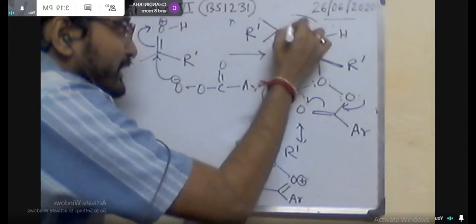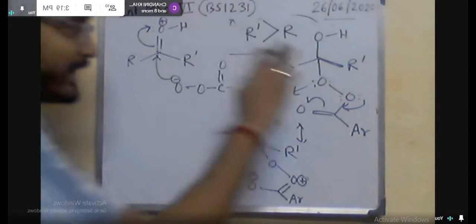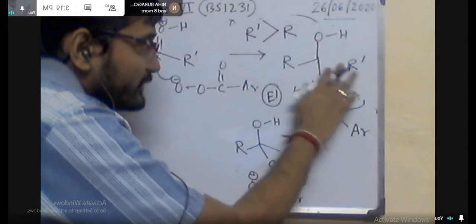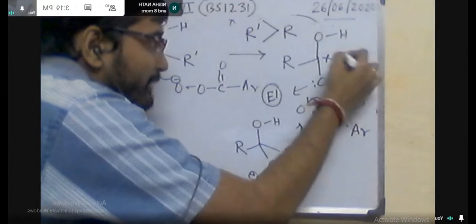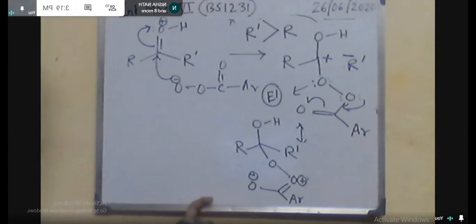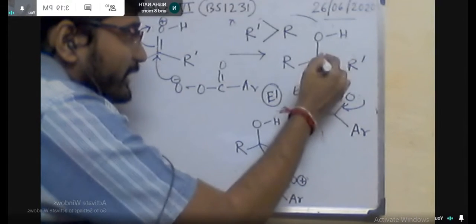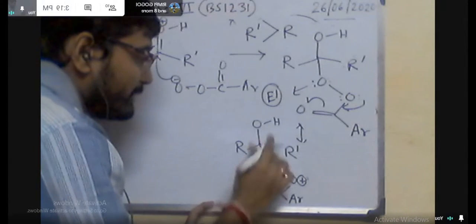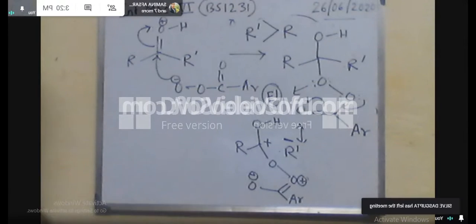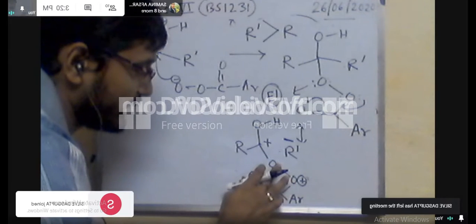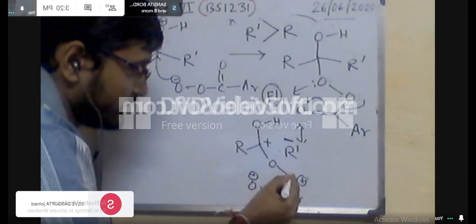Or similarly here we can think, say this is the plus, this is the minus, and we know that this oxygen is electrophilic in nature. That means here we can show it this way. If this bond is breaking, then here the positive charge is neutralized and it can generate a plus charge here. This is the assumed pathway.